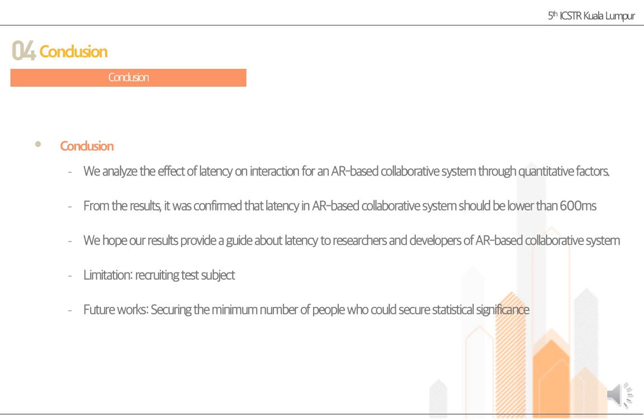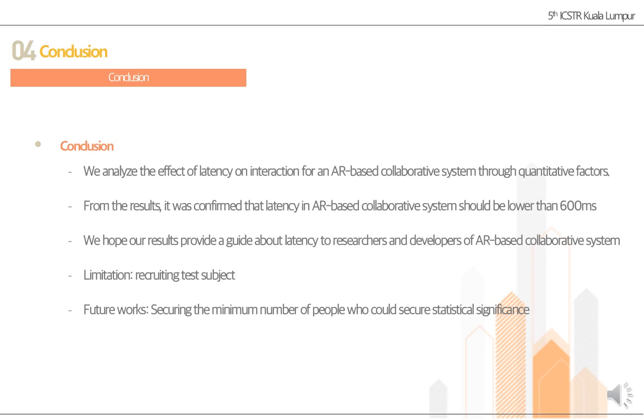This study had difficulties in recruiting test subjects due to COVID-19, which is spreading as a global pandemic, despite the importance of test subject participation. In this study, we tried to secure the minimum number of people who could provide statistical significance by providing appropriate compensation to the study subjects.